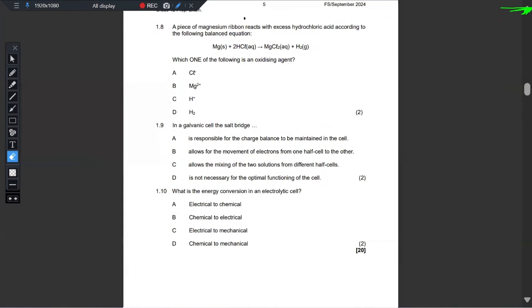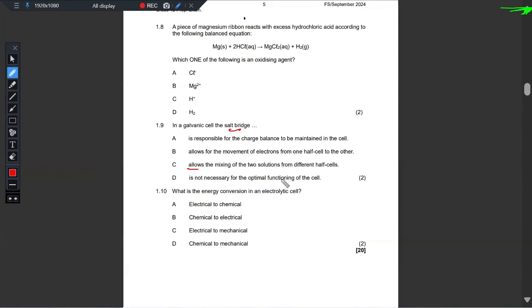Now let's check 1.9. It says in a galvanic cell, the salt bridge is A, responsible for the charge balance to be maintained in the cell, or does it allow for the movement of electrons from one half cell to the other? Or does it allow the mixing of two solutions from different half cells, or is it not necessary for the optimal functioning of the cell?